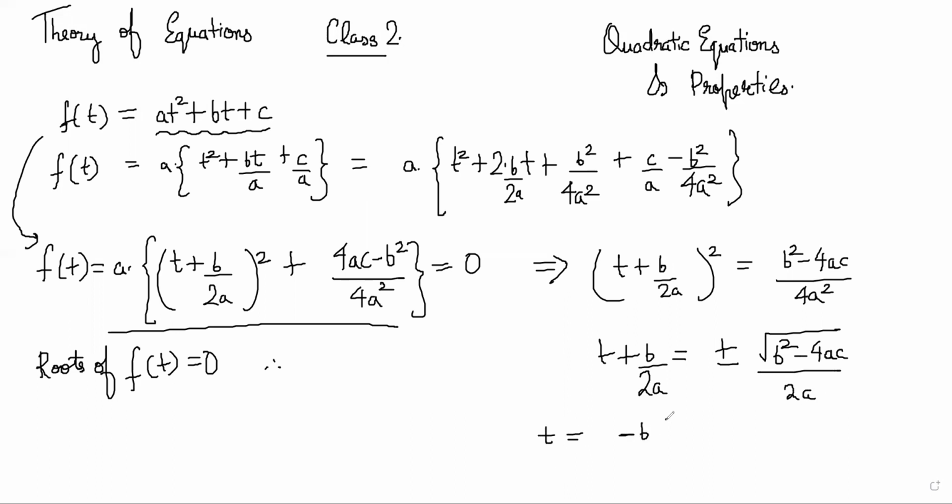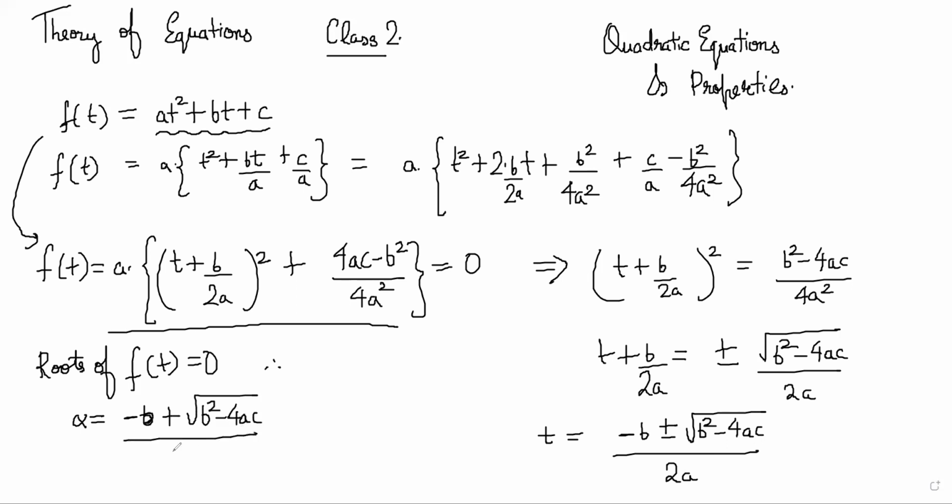t = (−b ± √(b² − 4ac))/2a. So one of the roots is alpha, which is (−b + √(b² − 4ac))/2a, and the other root is beta, which is (−b − √(b² − 4ac))/2a.